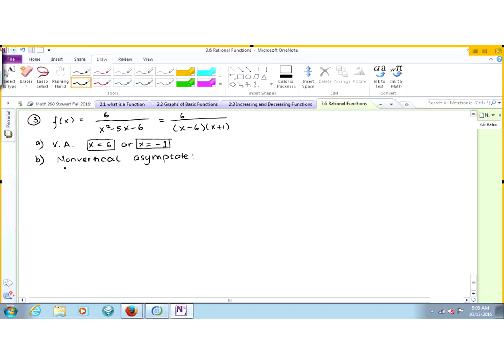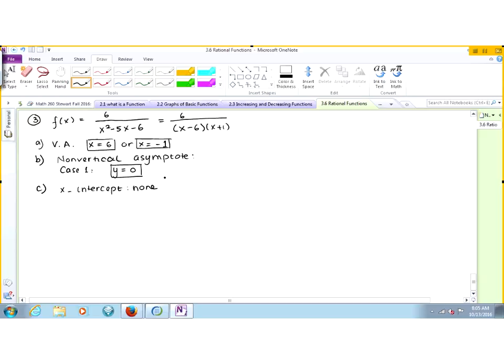Which one? Case 1? Yes. So case 1, it is y equals 0. Yes, you can just put y equals 0. Now case C, x-intercept. Do I have an x-intercept? None.